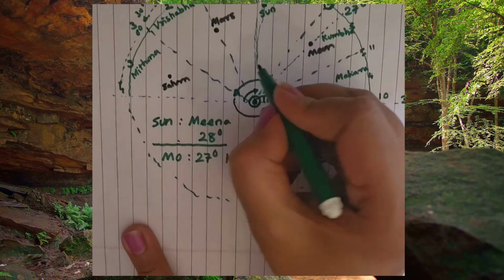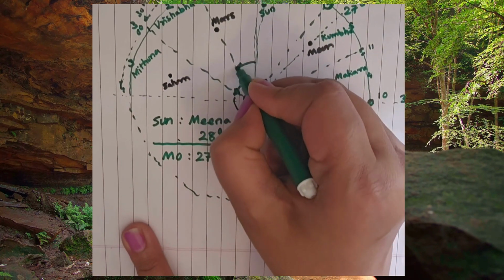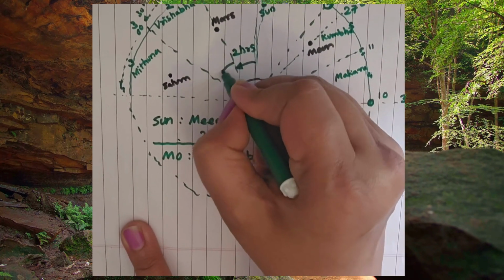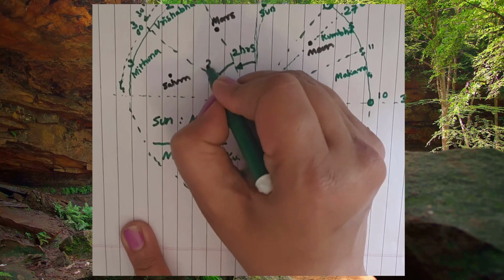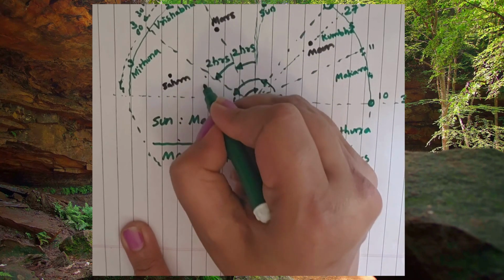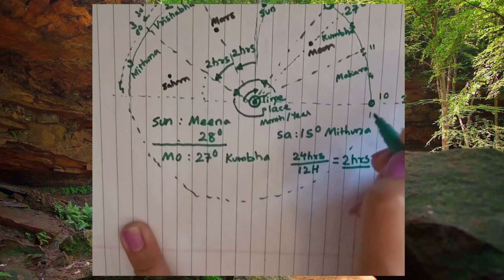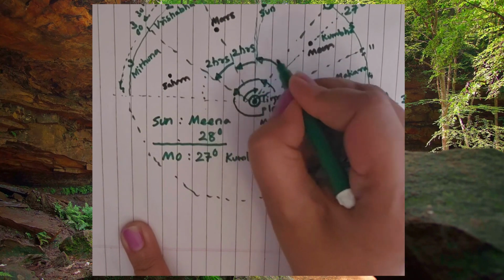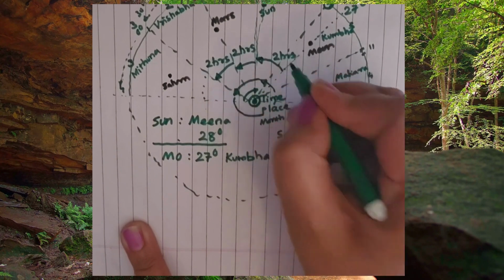So which means from here to here it is going to take 2 hours. From here to here it is going to take 2 hours and so on. Like this, in 24 hours it will finish the entire zodiac, 2 hours each. Okay.